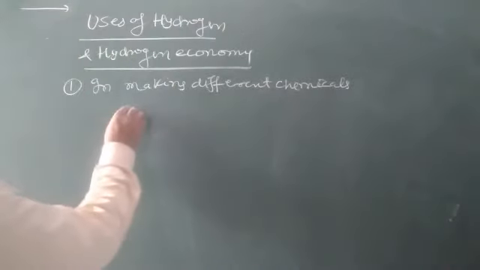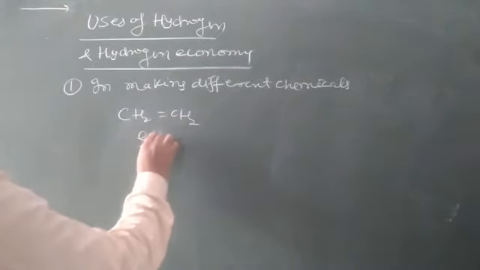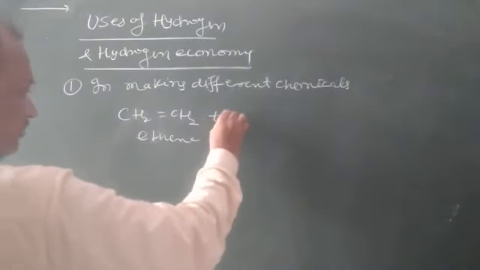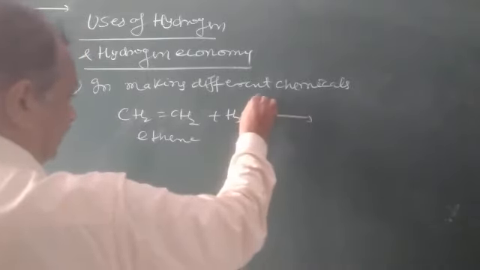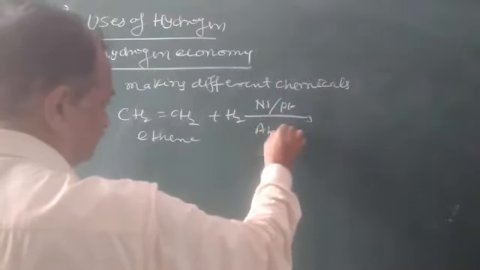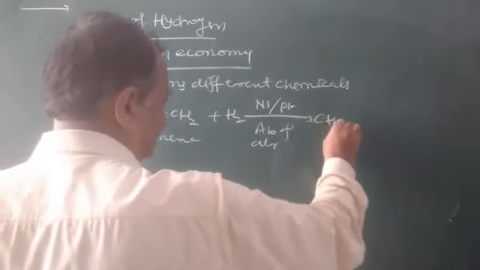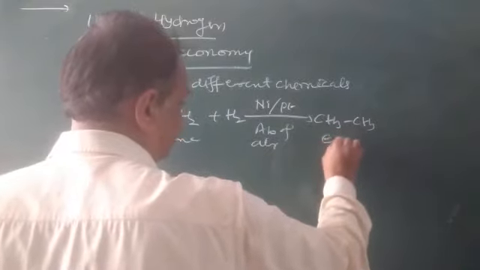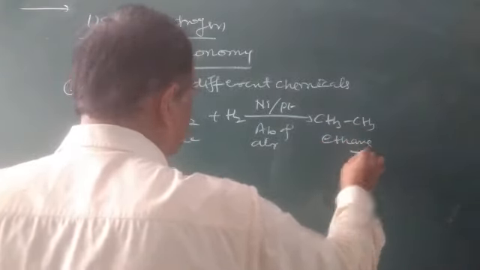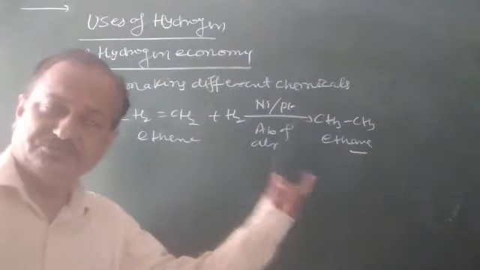See how? If I write here, this is ethene, and on passing hydrogen gas in presence of nickel or platinum, in absence of air, there is formation of CH3CH3, ethane. So this unsaturated compound is converted to saturated.